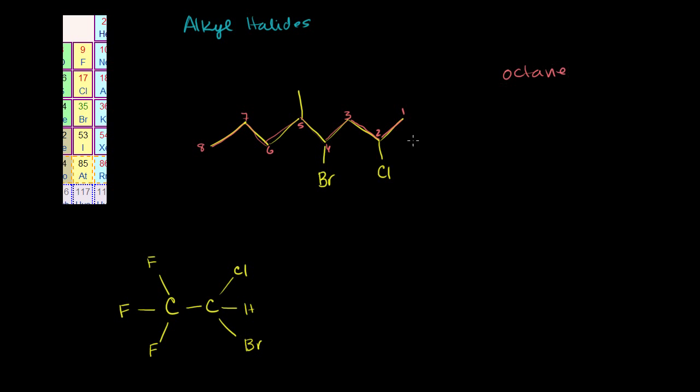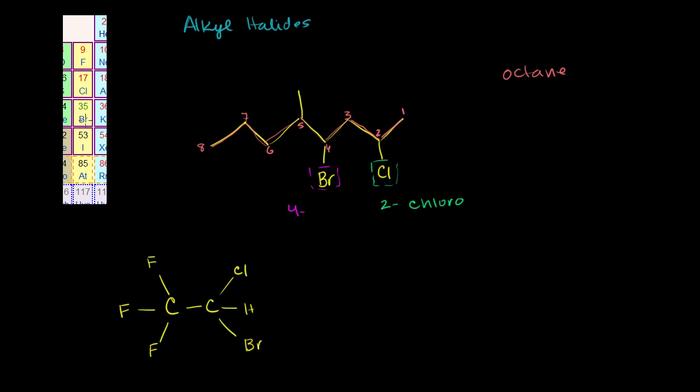And now we have to think about these different halogens that we have here. First we have a chlorine at carbon number 2. So that's going to be 2-chloro. We're going to put them in alphabetical order and then put them in front of the octane. And then this right here is on the 4th carbon, so it is a 4-bromo.